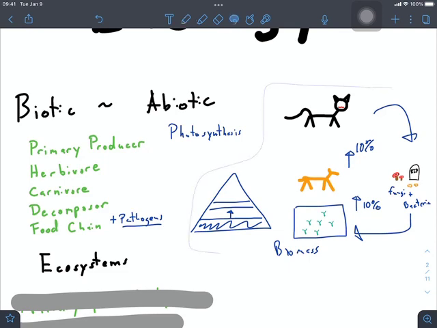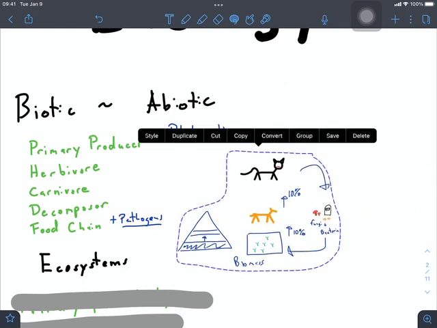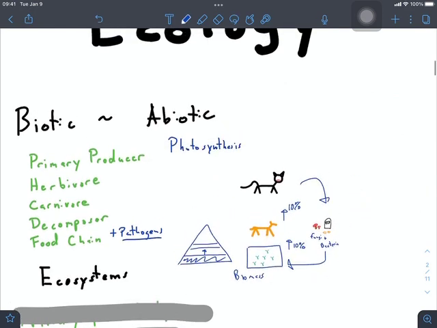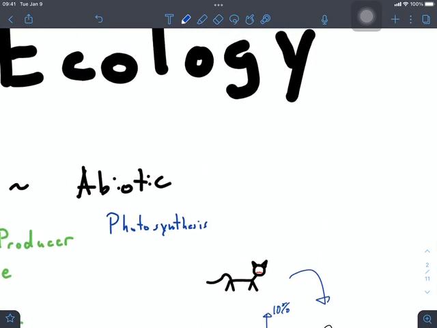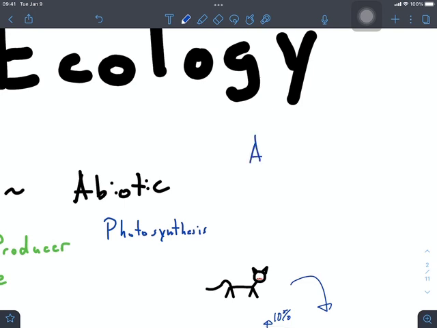So again, we have all these links in the food chain that characterize our biotic component to our study of ecology. When we talk about our abiotic component, we're speaking specifically about the physical characteristics of an ecosystem. Things like the air, the water and its availability, the soil and its nutrient content, and the temperature of the area.